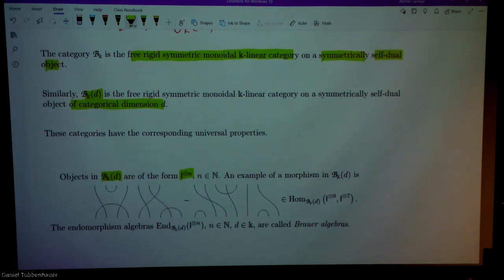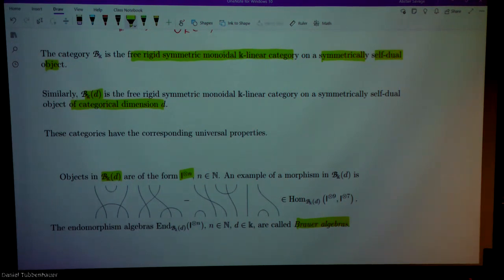So we have unoriented strings that connect endpoints at the top and bottom, but now they can cross and you've got cups and caps. So if you have the same number of endpoints at the top and bottom, then these are called Brauer diagrams. And your endomorphism algebras are Brauer algebras. And those came first, right? So people wanted to study the analog of Schur-Weyl duality, but for orthogonal and symplectic groups.